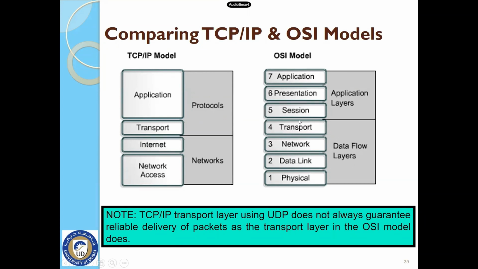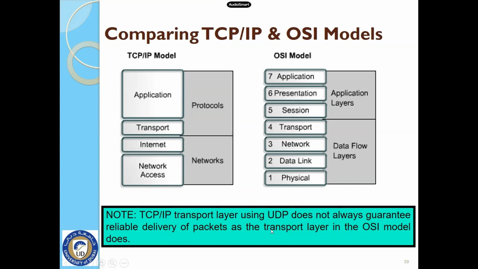Like the transport, you segment the data, ensure the best path for the data, send the data, and have it prepared to be sent over a physical media. The TCP/IP transport layer, using UDP, the User Datagram Protocol, does not always guarantee reliable delivery of packets, unlike the transport layer in the OSI model.